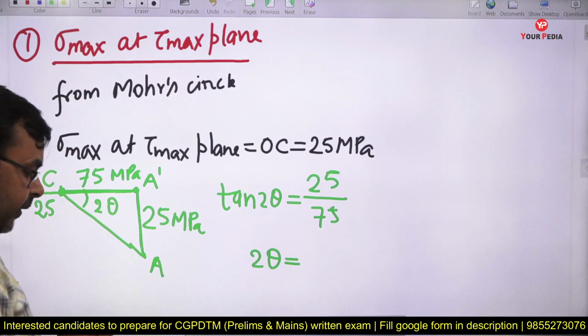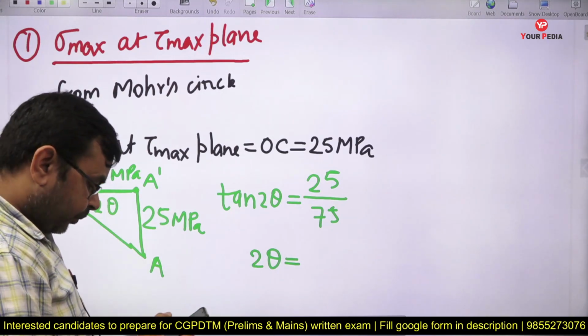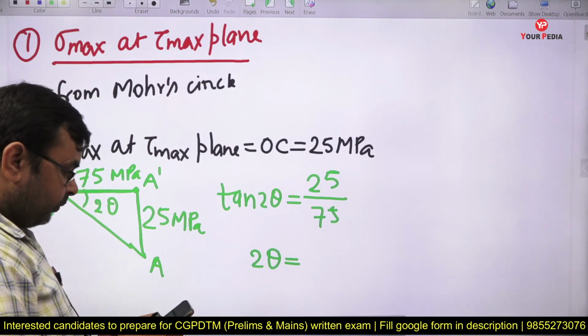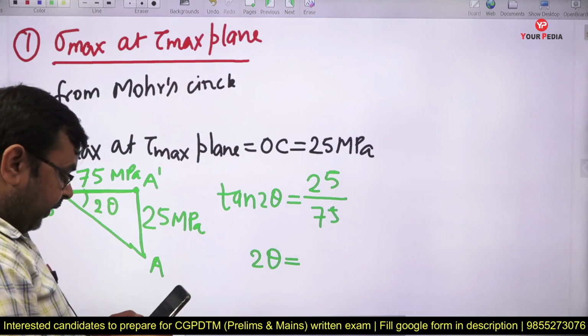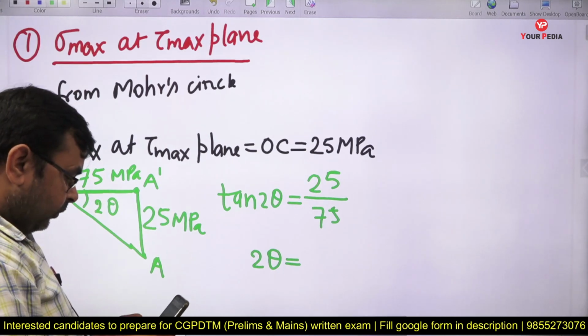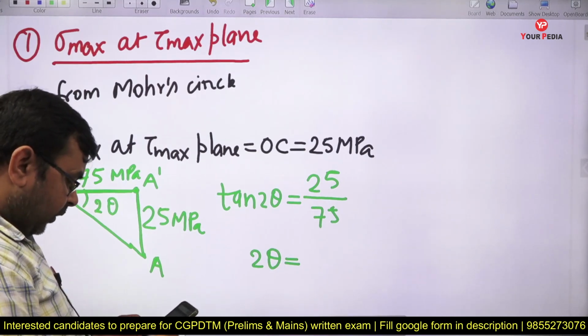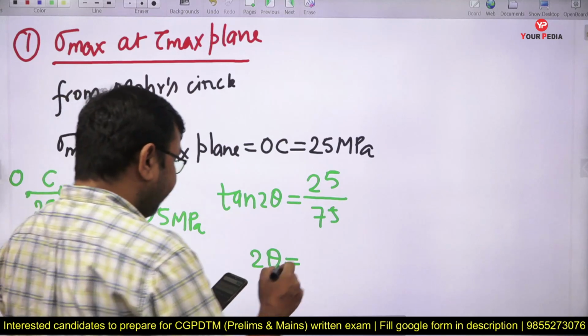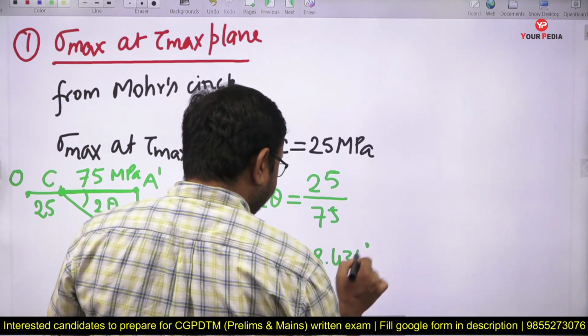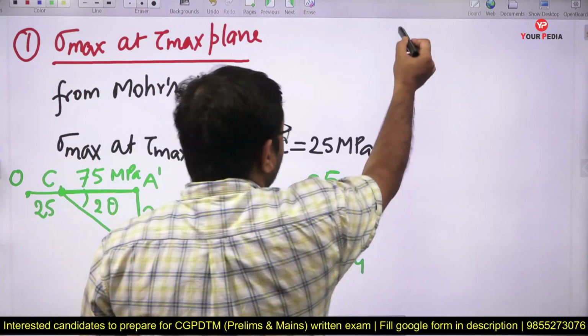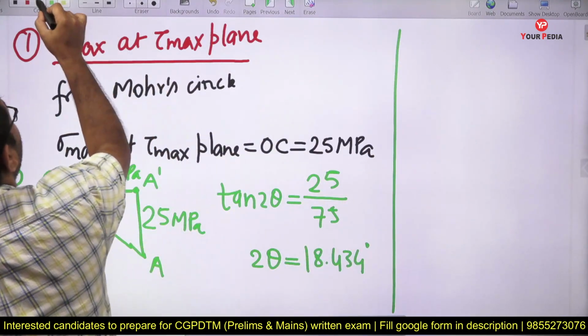And what about 2 theta? If I take 25 over 75, shift, tan inverse of this, here we can get 18.434 degree, yes or no? And once you get this 2 theta, what do we need to do?